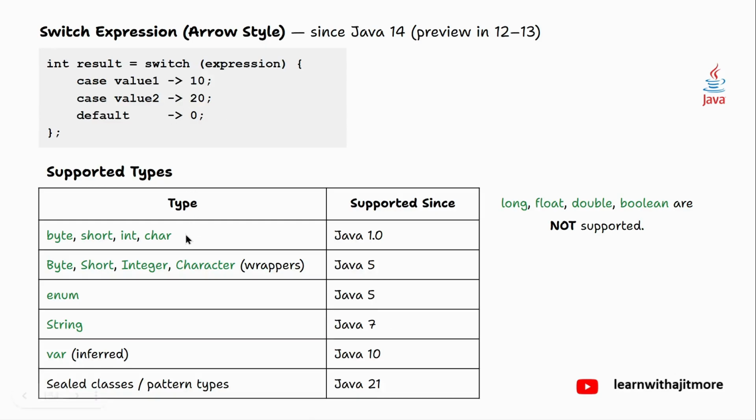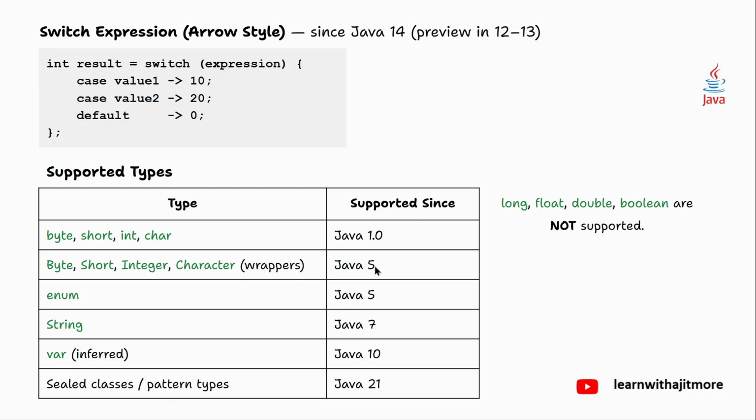In the very first version of Java, what all things were allowed? Byte, short, int, char. In short, non-long integers only. Even among integers, long was not allowed. Only byte, short, int, char. Long not allowed, and float and double you don't think about at all.